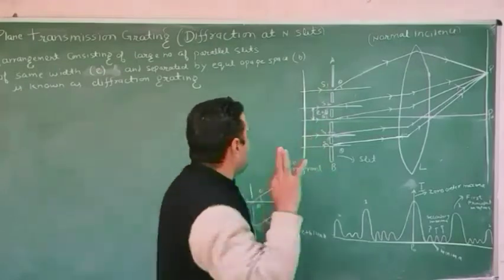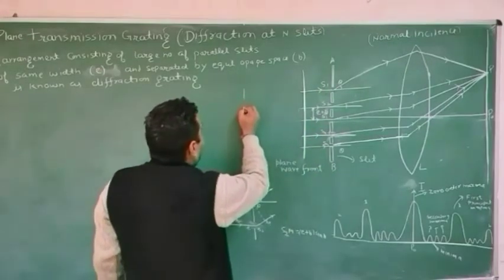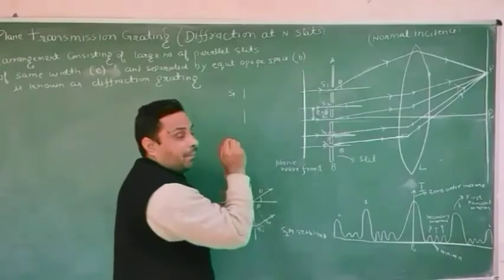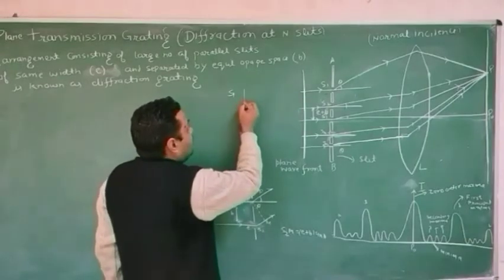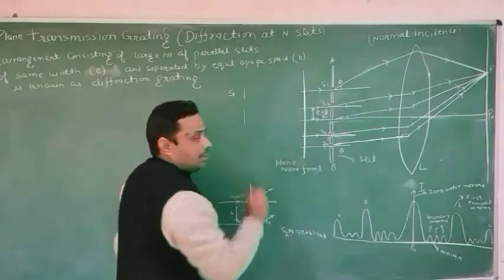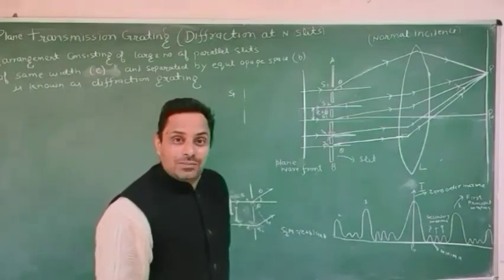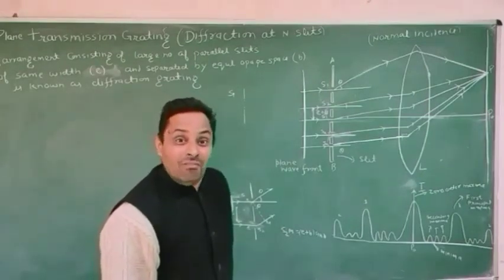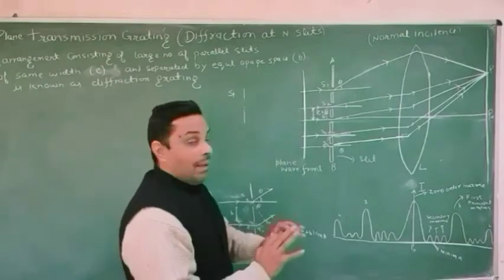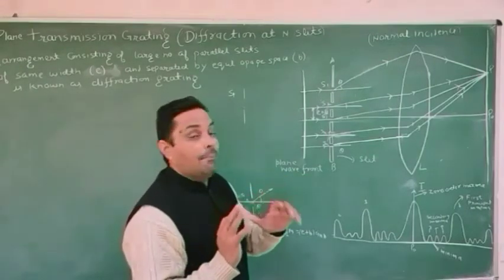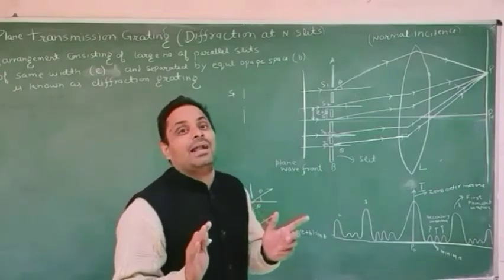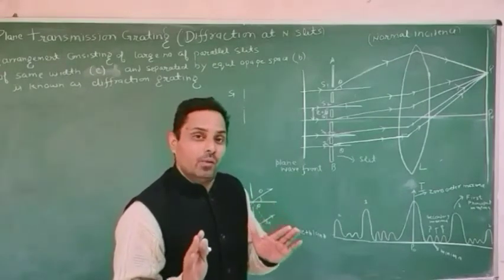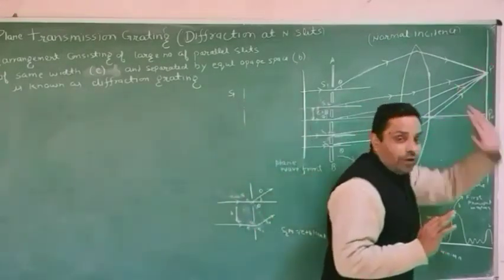According to the Huygens principle, every point in the slit S1 acts as a source of secondary wavelets, and they interfere with each other and produce maxima and minima at particular conditions on the screen.